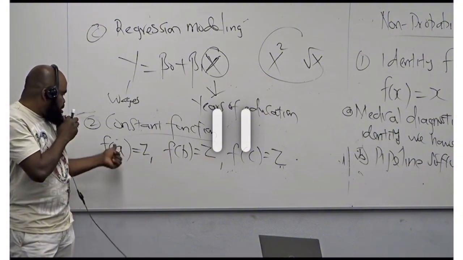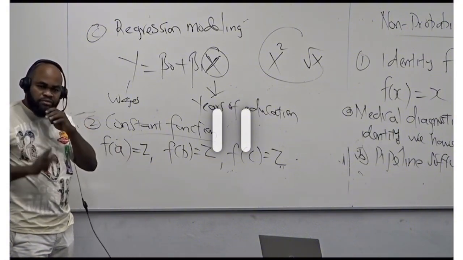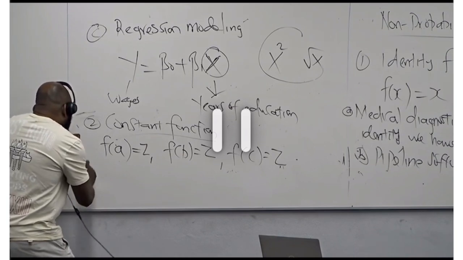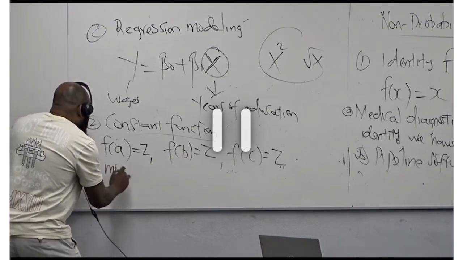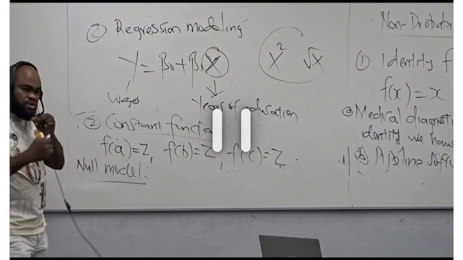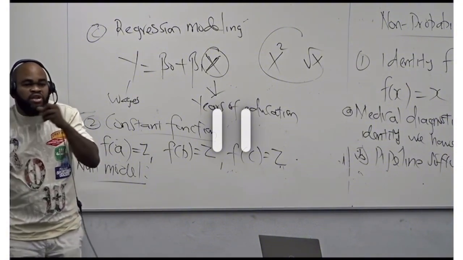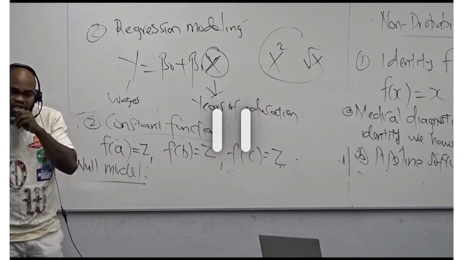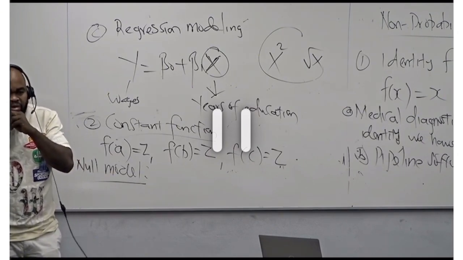Now, I'm going to give another example of a constant function. For instance, if you talk about a null model, what do I mean by null model? The null model is you try to say there is no relationship between wage and whatever predictor.